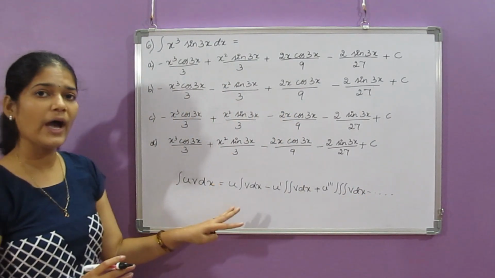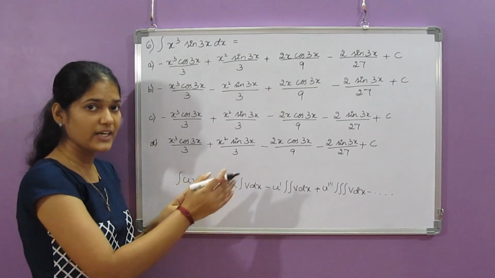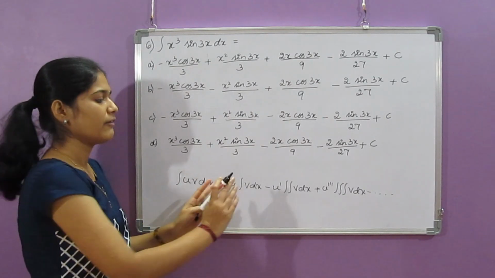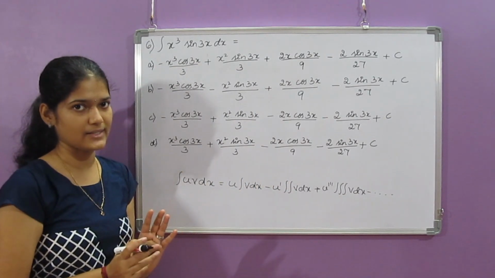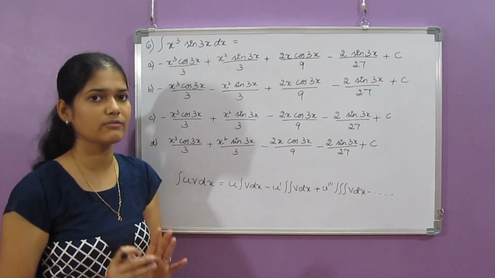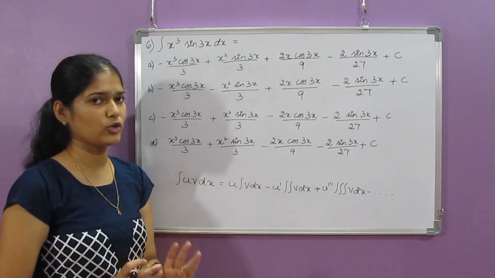That means you have to always differentiate the first function and go on integrating the second function with alternating plus and minus signs till you get the constant. After that the next term will be 0, right? There you have to stop.